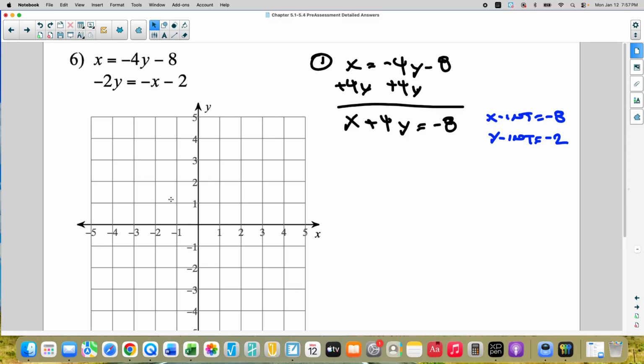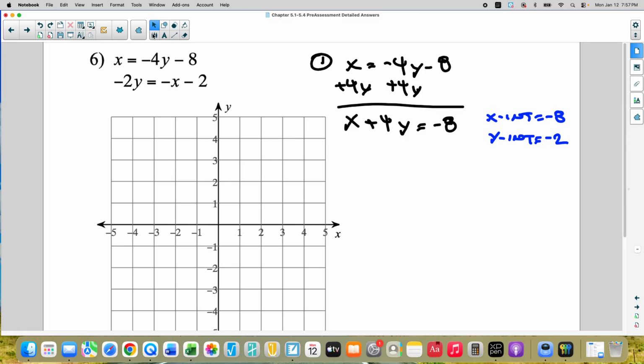I guess I could move it over and kind of think that it's -6, -7, -8. So I can put a point there. That's estimating, which isn't great. And a y-intercept of -2. Let's see if we can get away with this.